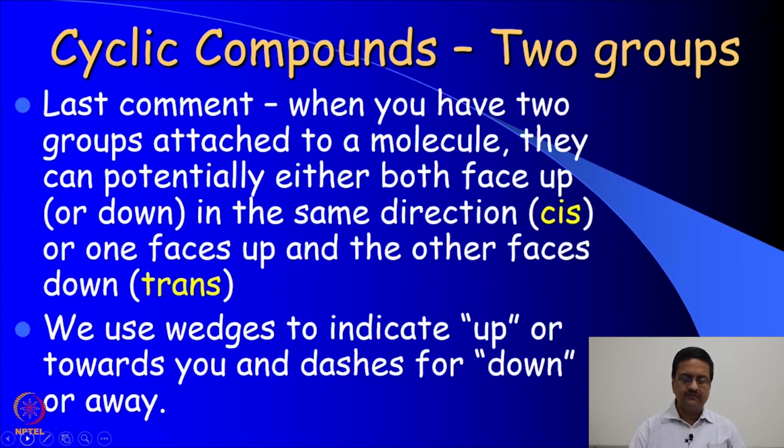We understand them in the form of cis and trans. When the two groups are pointed in the same direction, it is called cis. When the two groups are pointed on opposite sides, that compound is called trans.